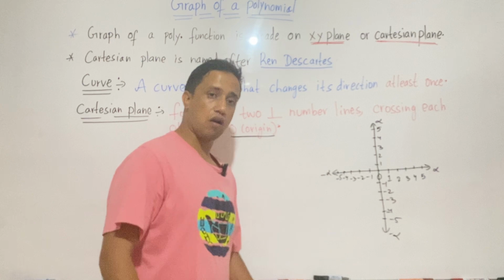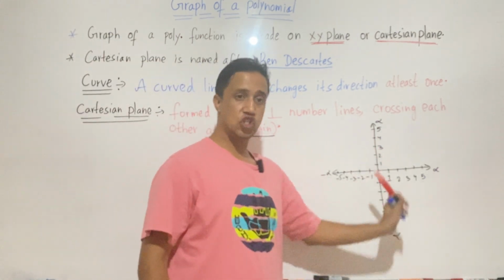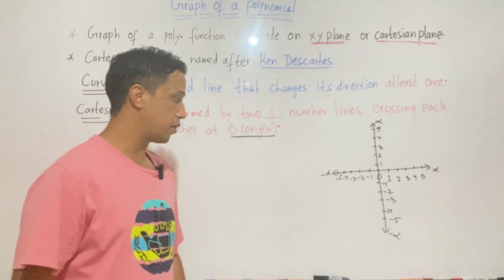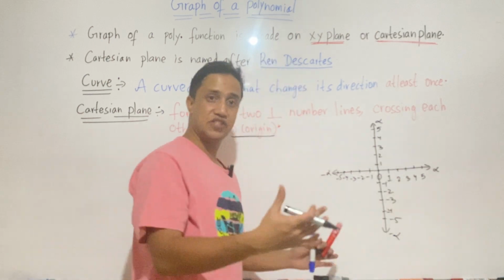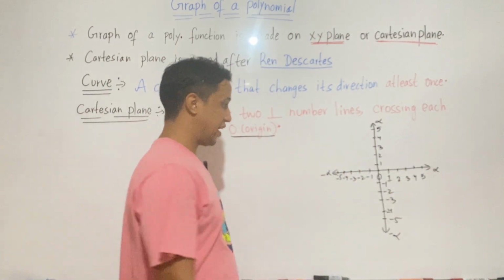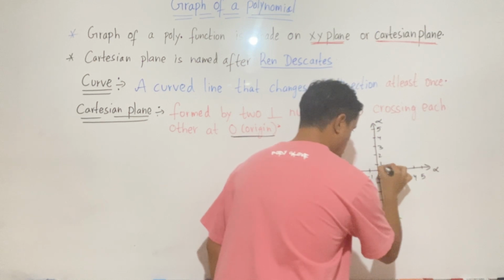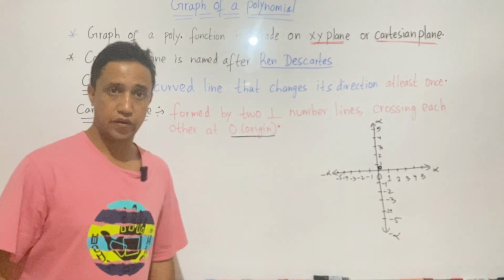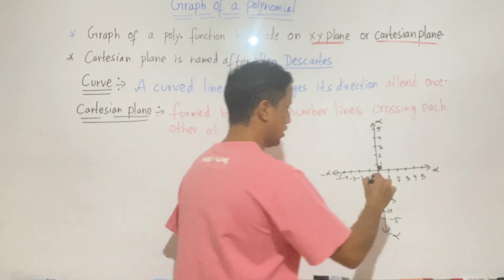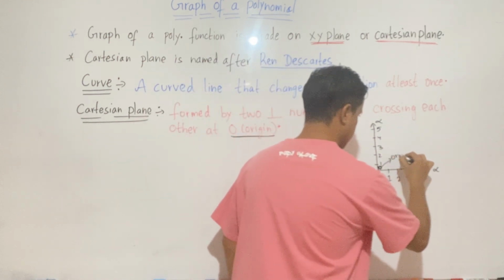So the Cartesian plane is formed by two perpendicular number line systems. These are number lines, and they cross each other at point O, and O means origin.